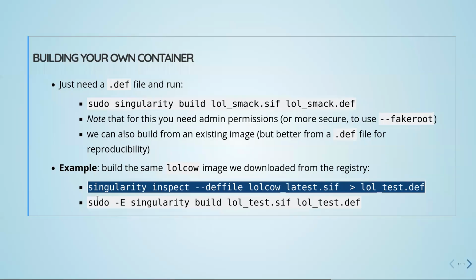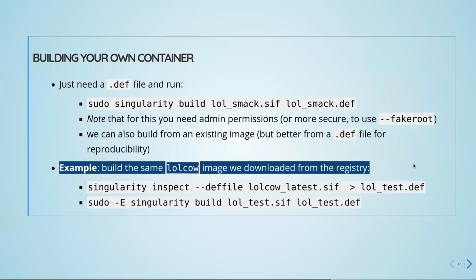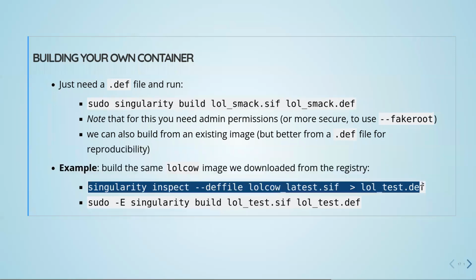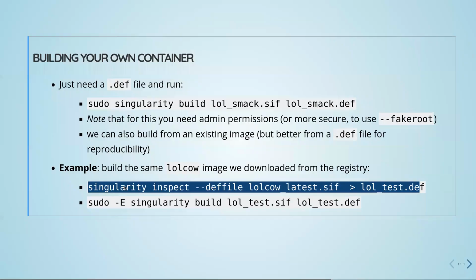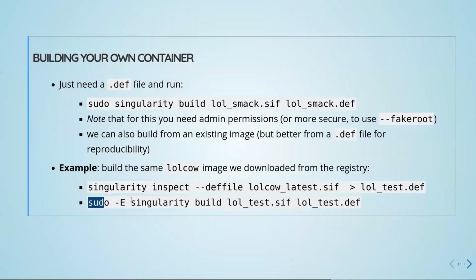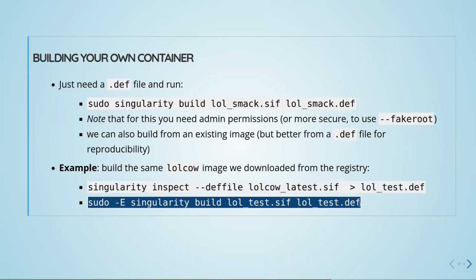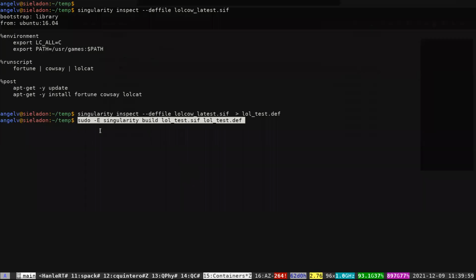If I send that to a file, I can save that definition file, and then to create a new container, I would do Singularity build, give that definition file, and create a new container.